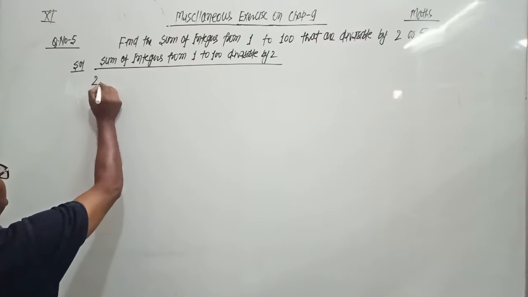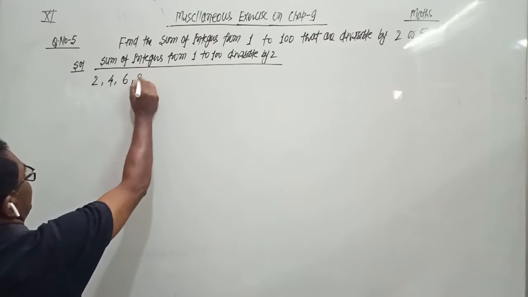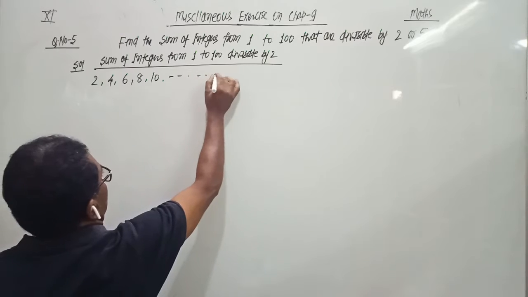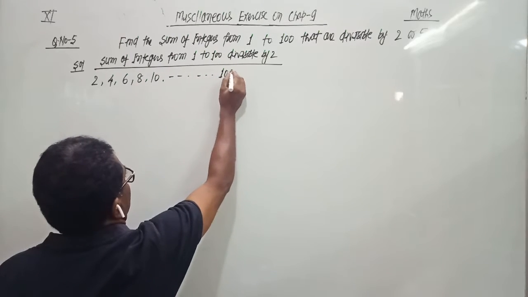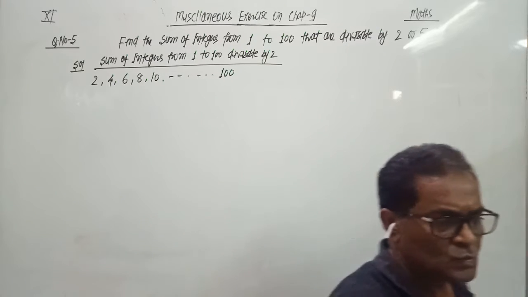The first integer is 2, 4, 6, 8, 10, and the last integer is 100 because 100 is divisible by 2.